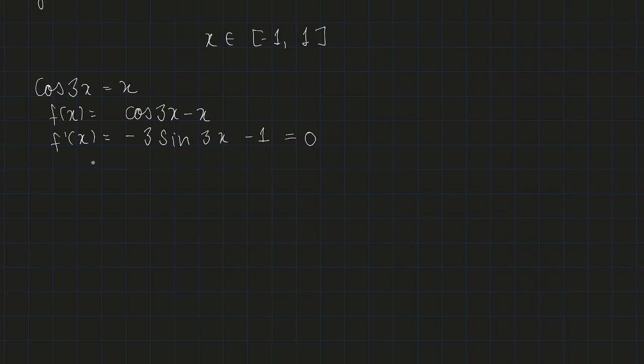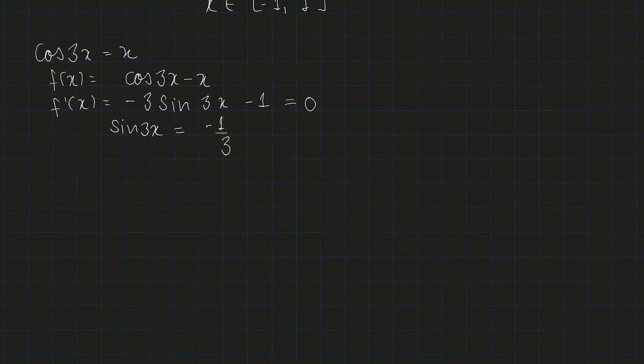And I put it equal to 0 to count the number of critical points here. That means sine 3x has to be equal to -1/3. Now, how many times is sine 3x equal to -1/3? This is something I hope you know from trigonometry itself, that this happens exactly 2 times when x is between -1 and 1.